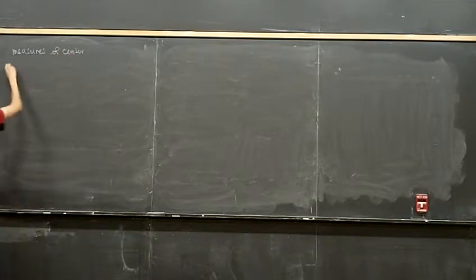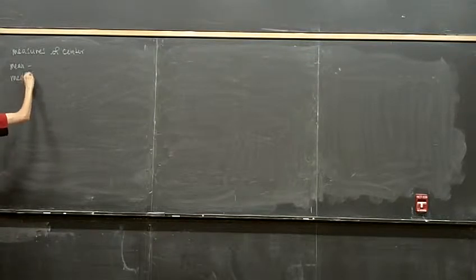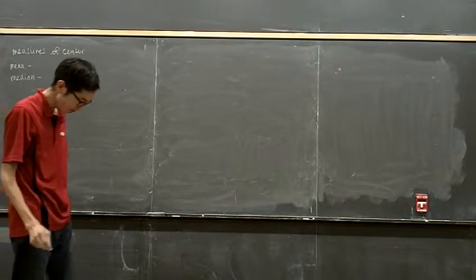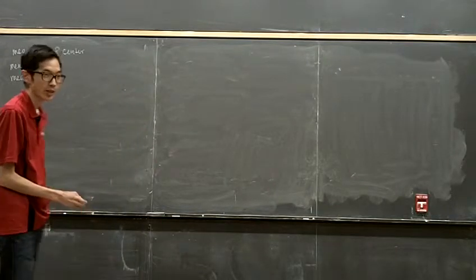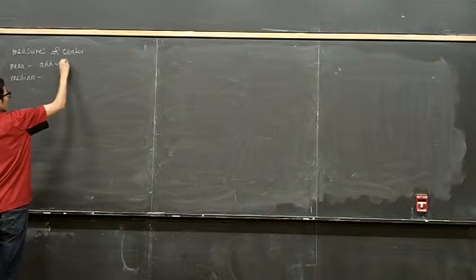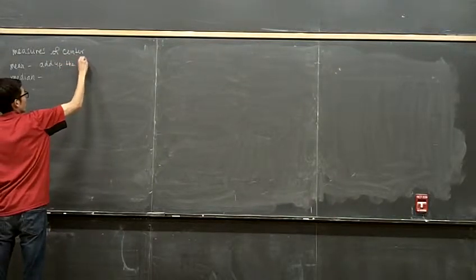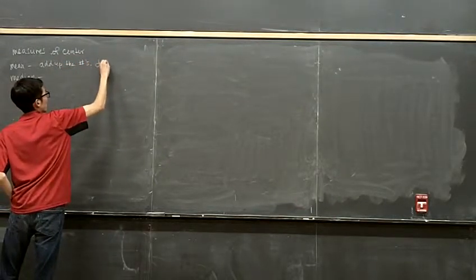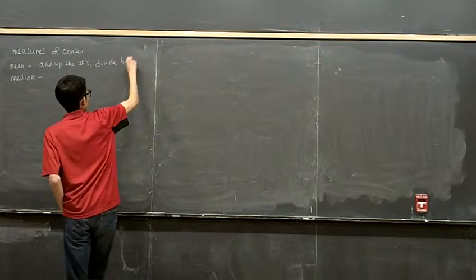Alright, we have the mean, and we have the median. The mean is, you add up all the numbers and you divide by how many numbers you have. Add up the numbers and divide by how many you have.